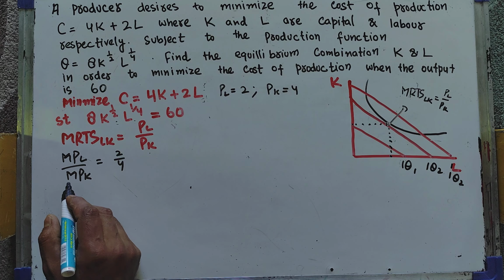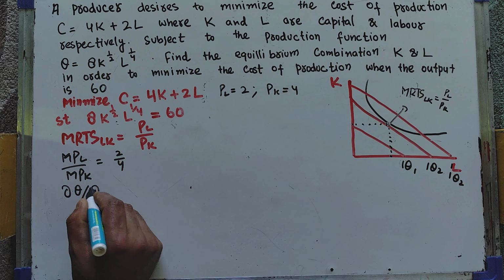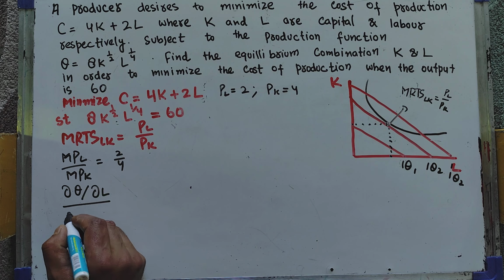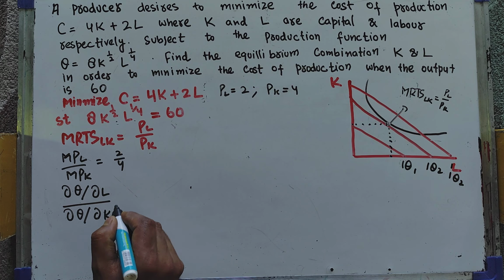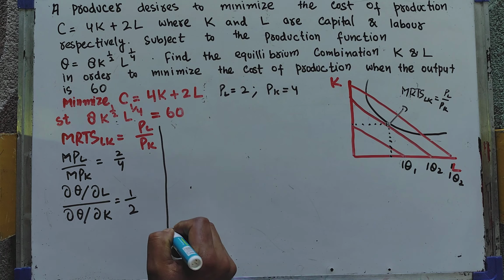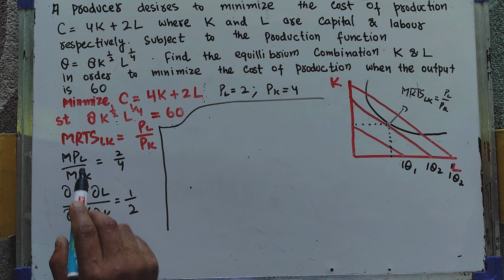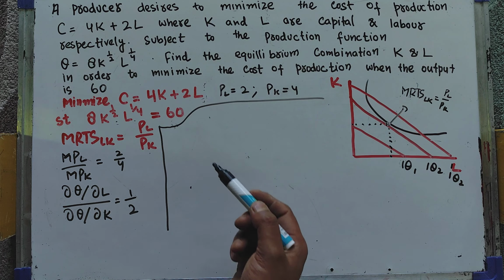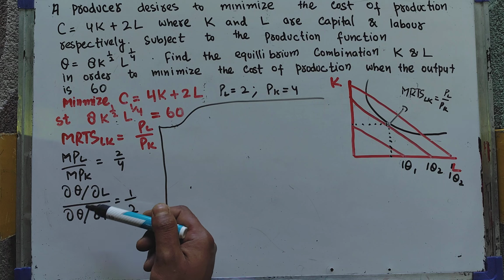So MPL is simply the change in the output due to the change in the units of labor employed. MPK is the change in the output due to the change in the units of capital employed, and the ratio should be equal to 2 upon 4, which is equal to 1 upon 2. Now take the partial derivative of this production function with respect to labor.